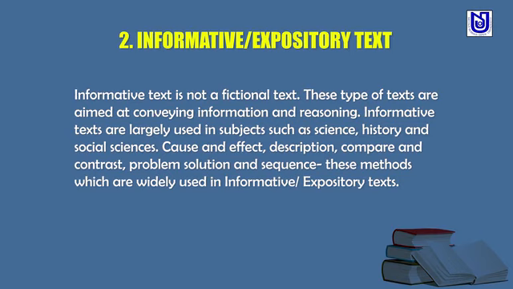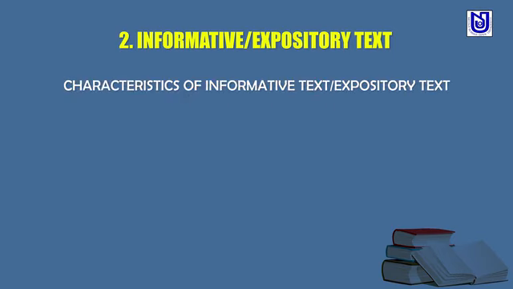There, cause and effect, description, compare and contrast, problem solution and sequence, these methods are widely used in informative and expository text. And in informative and expository text, you will get different kinds of characteristics.